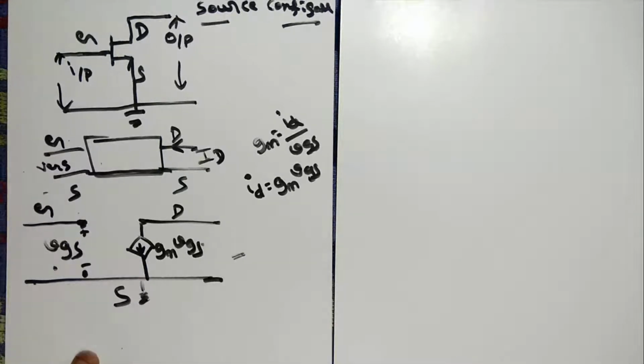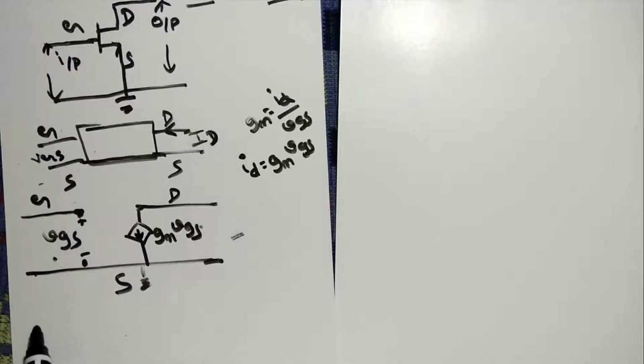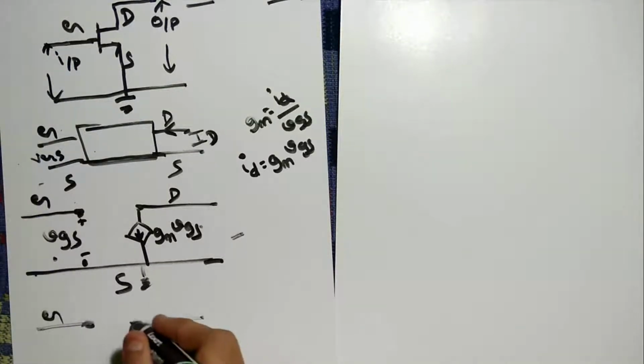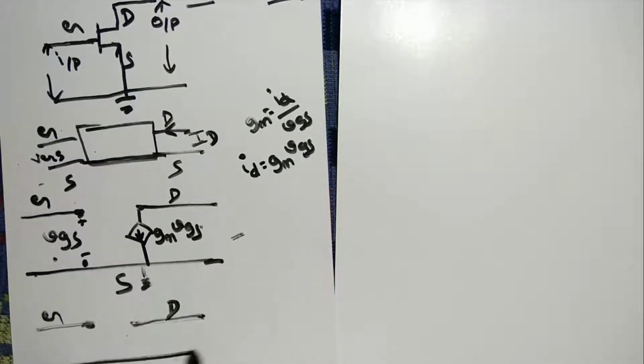In this we can also represent one more element, some internal resistance that may be present here. That can be written like this. This is the same as the previous gate, this is the same as the previous drain, and here the source is common. This is plus minus, and this is VGS, as similar as previous, so GM into VGS.